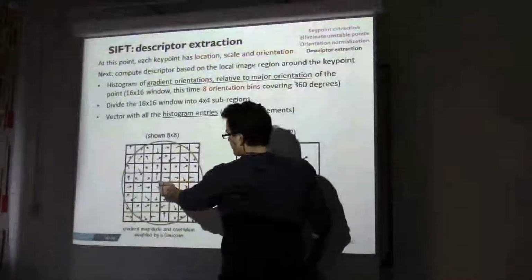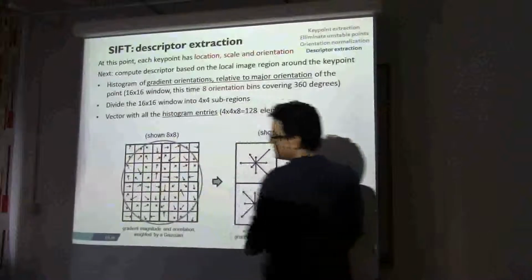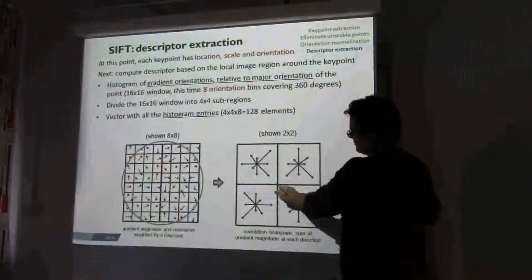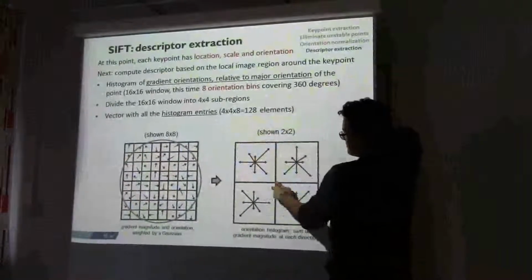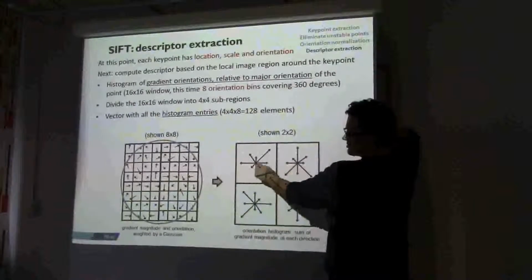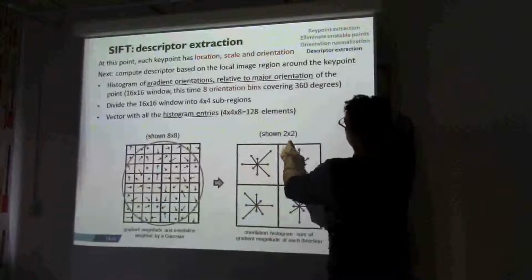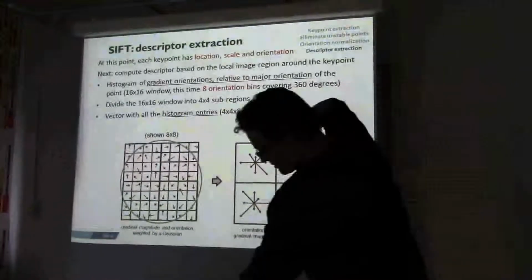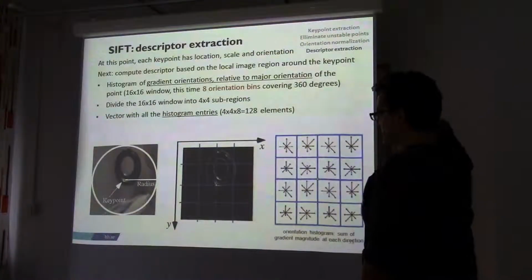This is your point. This is the gradient around, and then what is done is that it's divided in boxes around the point, and the histogram is done for each box separately. This is 2 by 2, but the algorithm uses 4 by 4. This is what it's exactly doing.